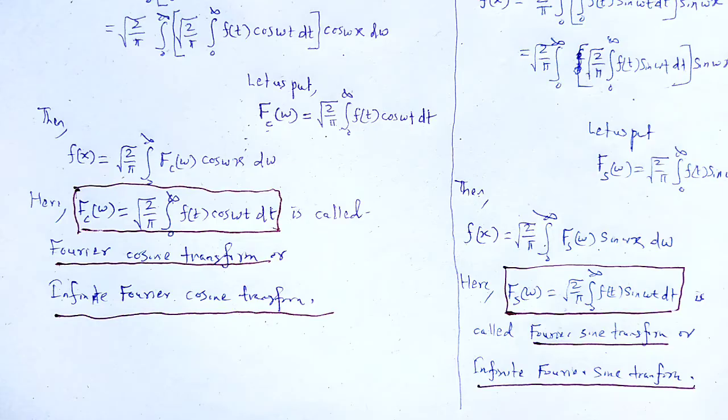Next, examples related to Fourier transform as Gaussian distribution function and finite wave train function. In these two functions we have to evaluate Fourier transform.